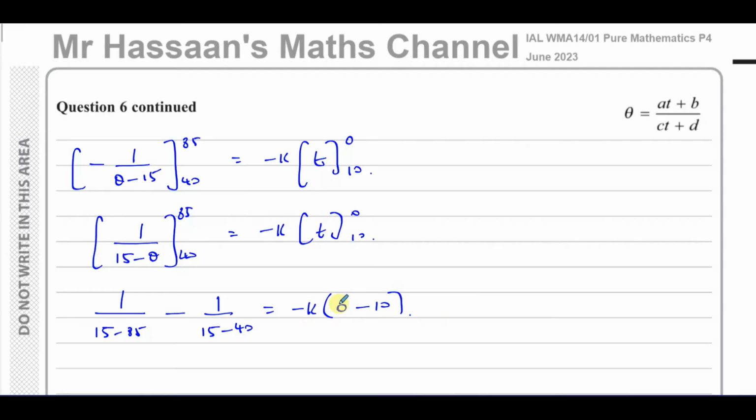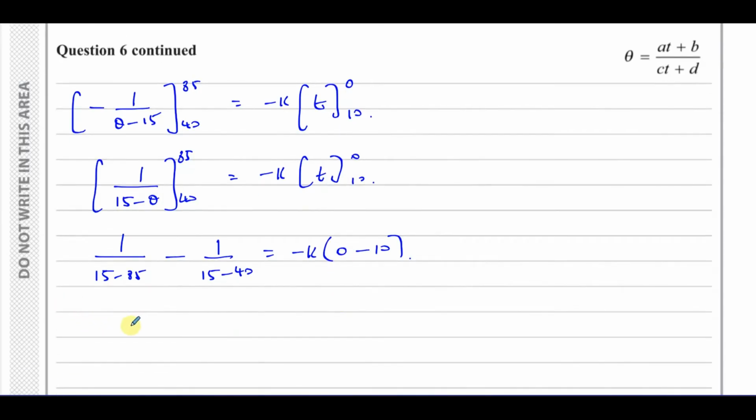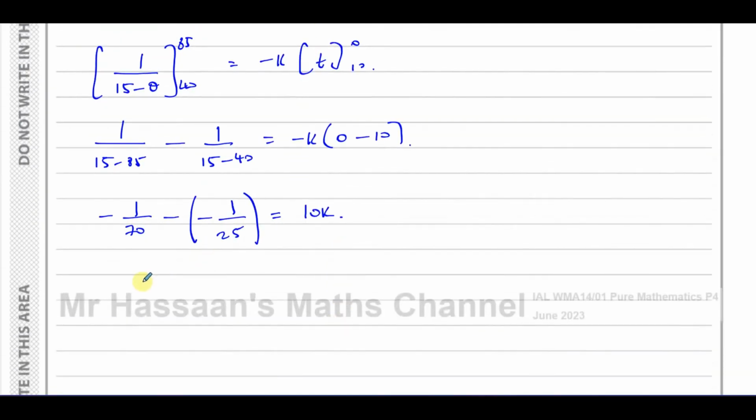Okay, so now this gives you negative 1 over 70, minus negative 1 over 25, equal to minus k times minus 10, which is 10k. So what does this give you? This gives you basically 1 over 25 minus 1 over 70 equals 10k.